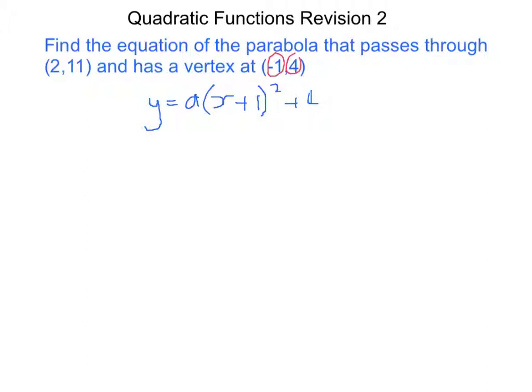Now, to find out the value of a, we will substitute in the second lot of coordinates that it passes through. So y is equal to 11 when x is equal to 2.